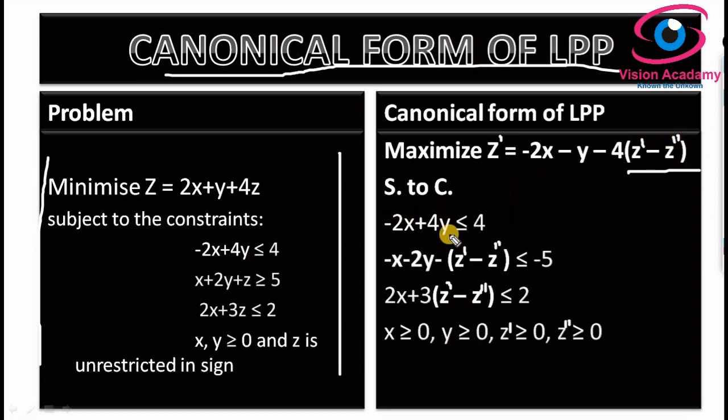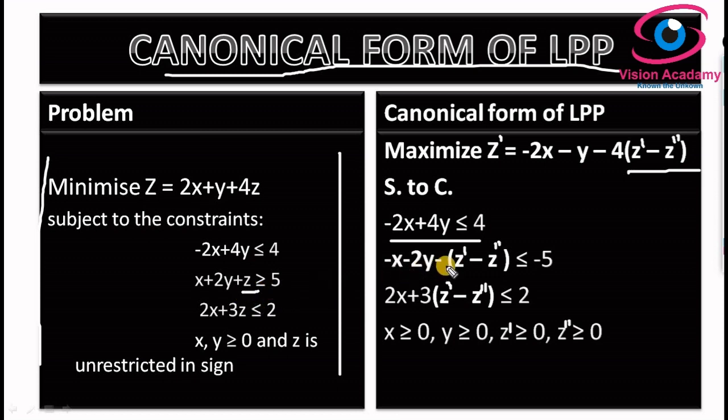Subject to constraints, here in the first there is no z. I have given the same constraint given in the problem, minus 2x plus 4y lesser than or equal to 4. And the second constraint we have converted into lesser than or equal to type, just by multiplying by minus 1, that is minus x minus 2y minus z.